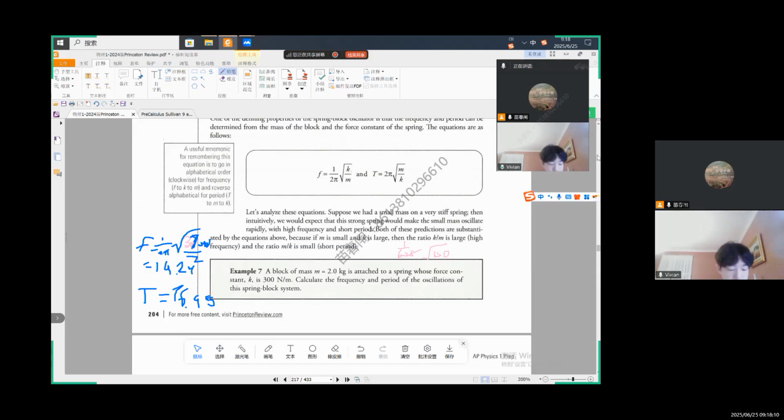Oh wait, that means this is 1.949? Yeah, 1.9 is probably right. And the unit is what? 1.9 Hertz? Yeah.